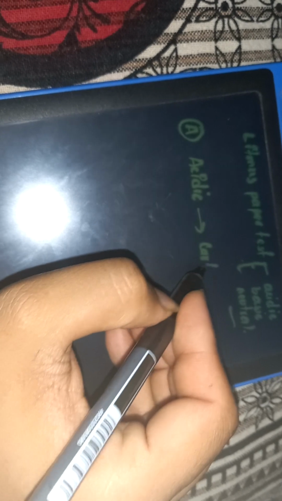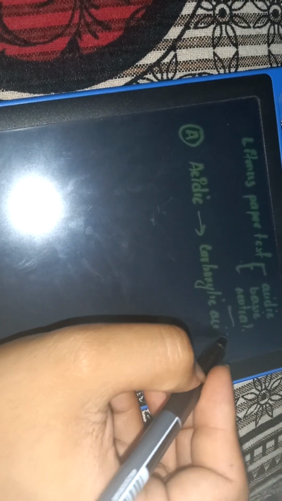If the compound is acidic, there is a probability of it being carboxylic acid or phenol. Now the question is, how will you distinguish carboxylic acid and phenol?